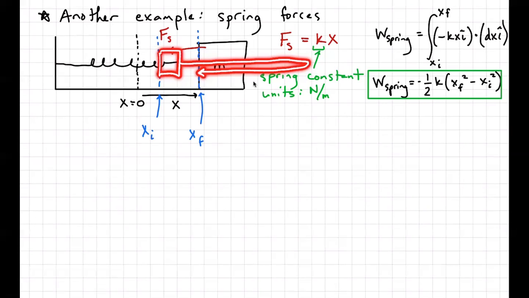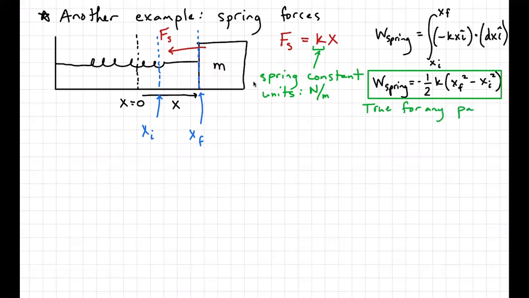The force value never changes, so the only thing that matters are the bounds. Nothing about the integrand changes depending on the path that I take, and so the work that I get will always only depend on the endpoints. So this is true for any path from xi to xf.